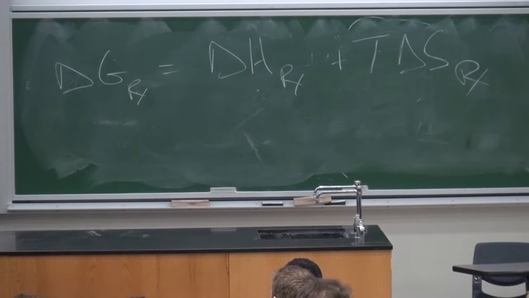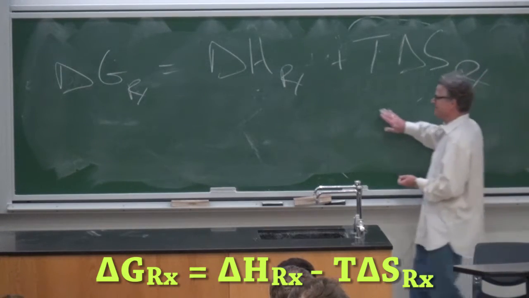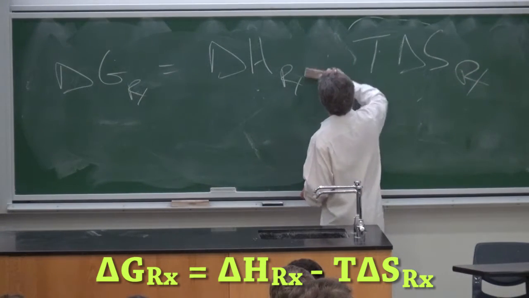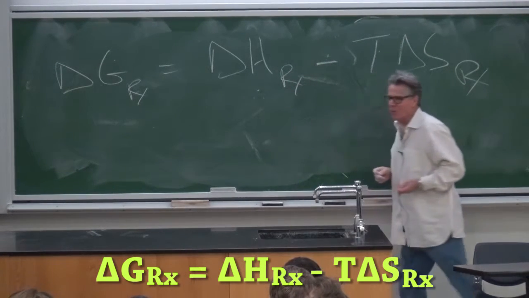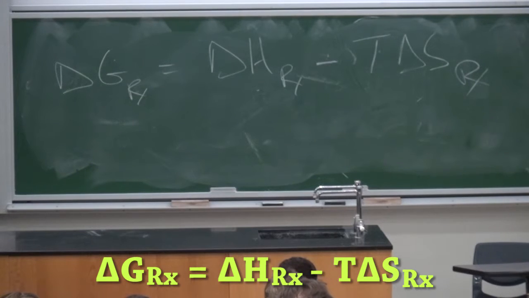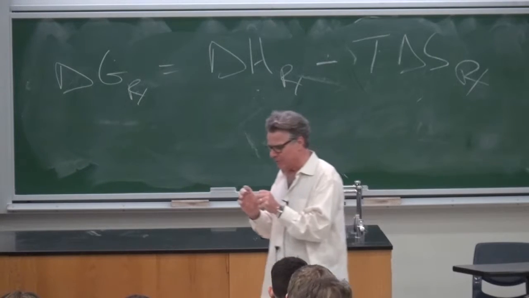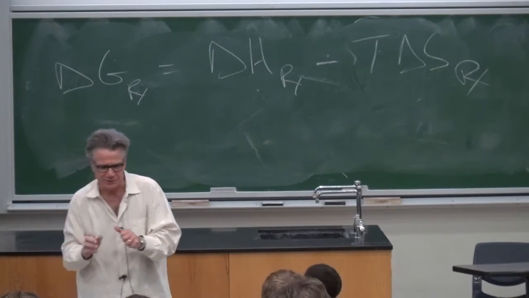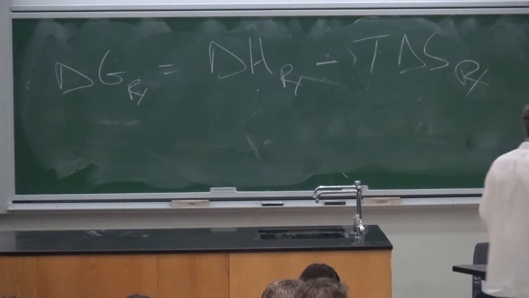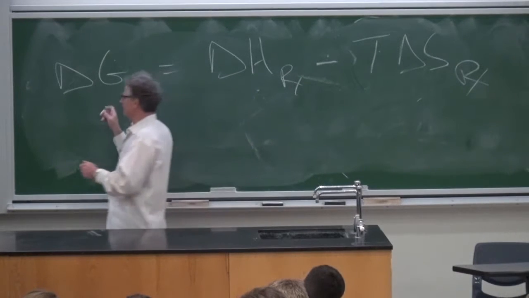So, what does it say? We said that for a reaction to be product favored, a negative delta H helps. So for a reaction to be product favored, we want to make this negative.